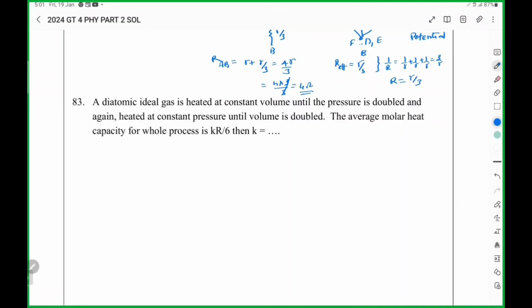Your diatomic ideal gas is heated at constant volume until the pressure is doubled. At constant volume, pressure is proportional to temperature. So pressure is doubled, so T2 becomes 2T. It's nothing but an isochoric process.